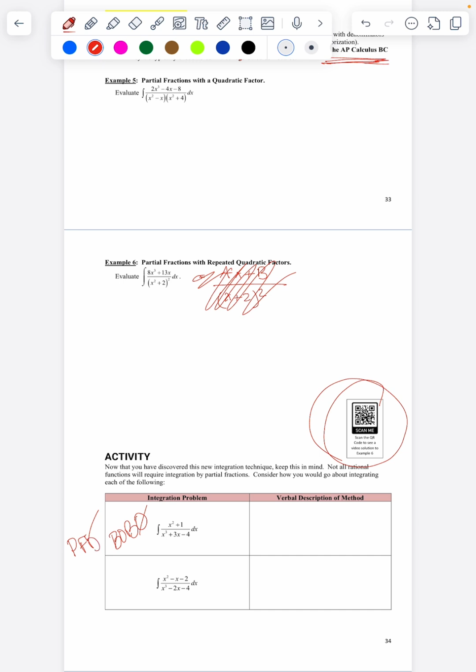But if it's bigger on the bottom like this, you can do partial fractions. Unfortunately, what if it doesn't factor? So try to do these two types of problems, and then we'll talk about them in class tomorrow.